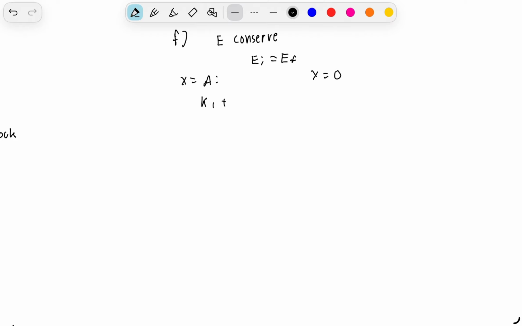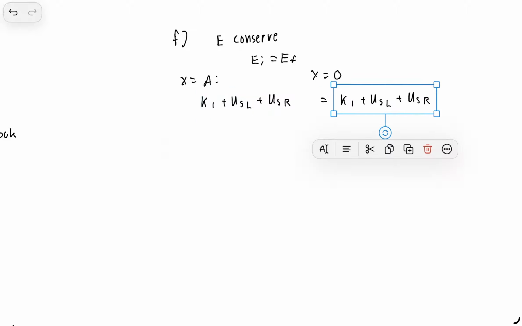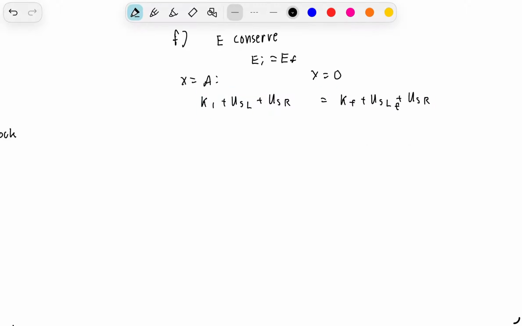Kinetic energy. So here we have all of this U_S. This is equal to 0.